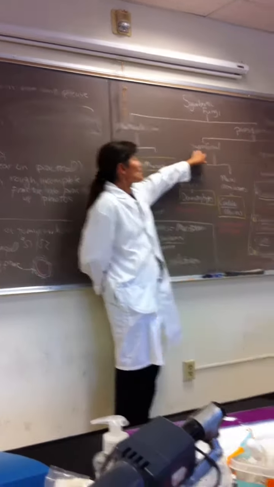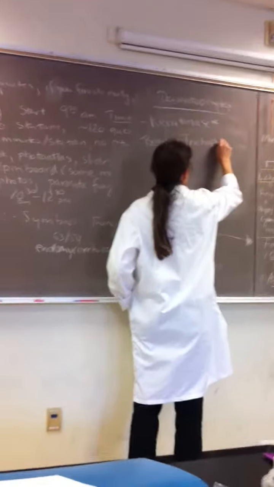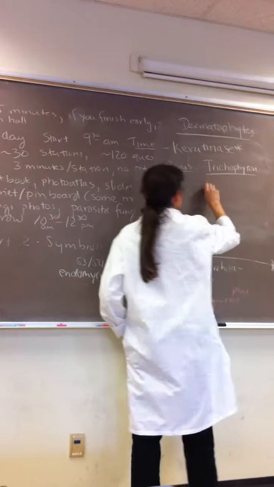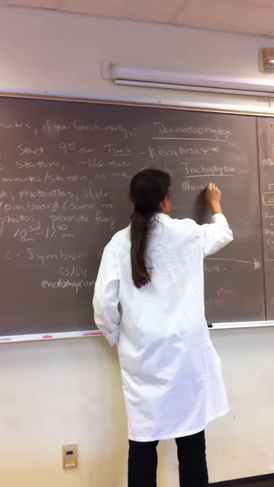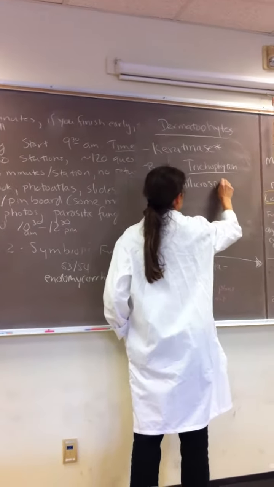I want to give you the genus names of the three groups of fungi that are considered dermatophytes. Okay, so it's bonus. So if you're feeling overwhelmed, don't worry about it. But they are Trichophyton, Microsporum, and Epidermophyton.